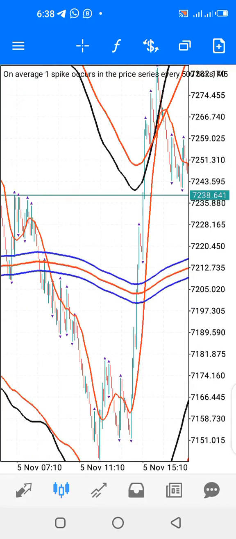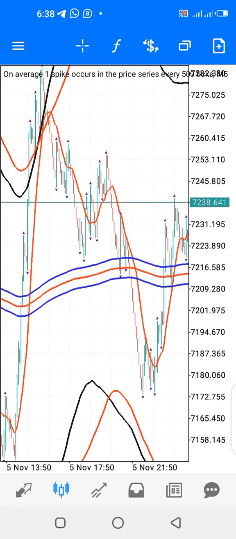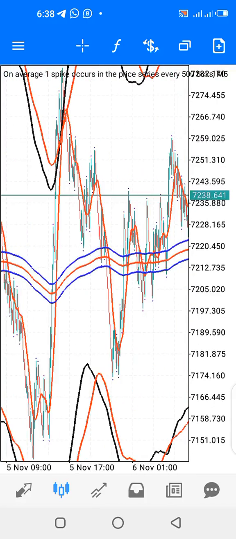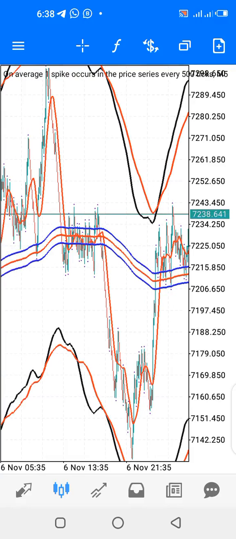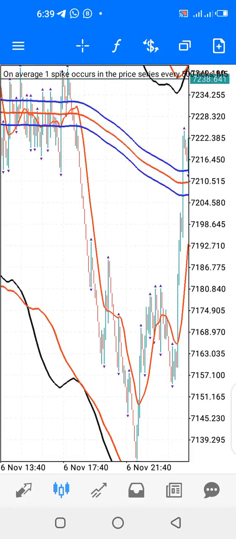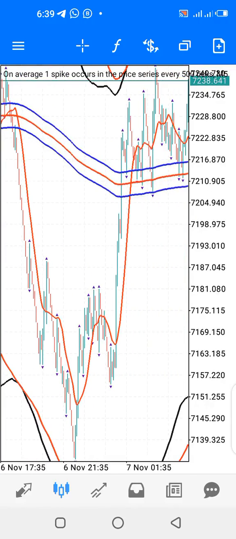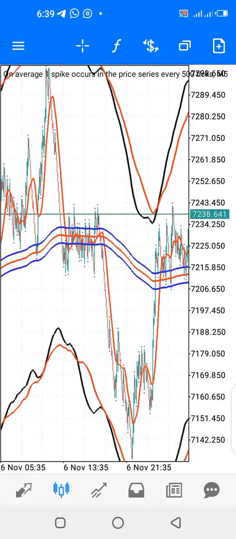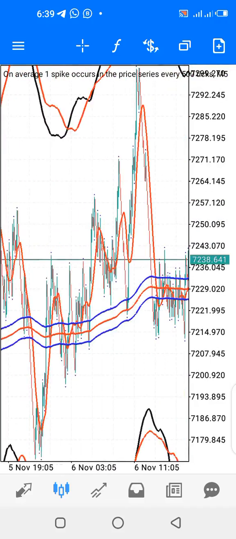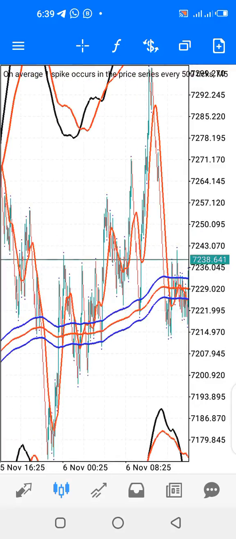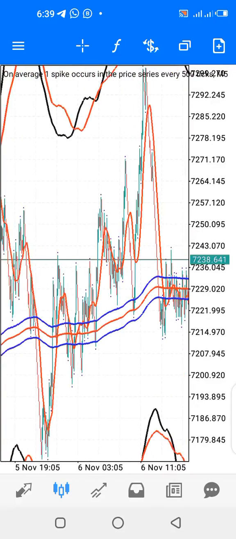I have the chart zoomed. I zoomed out completely here, and you can see it's much tinier.